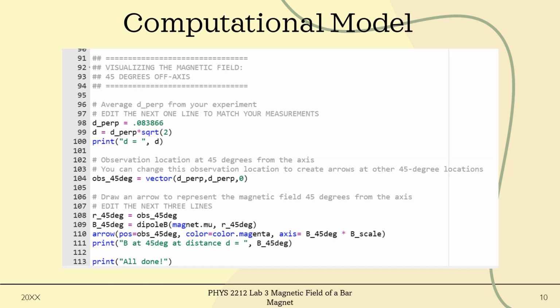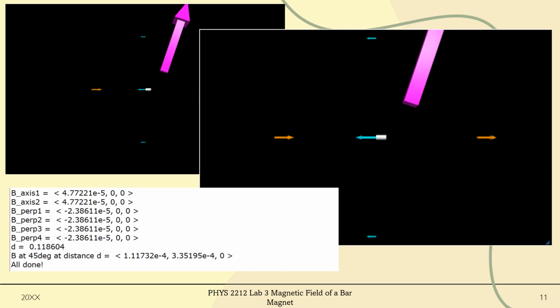Now, using our perpendicular distance from our experiment, we input that and we were able to find the 45 degrees off-axis magnetic field arrow, and then we calculated the magnetic field for that with the same function. These are our results for the computational model, and this is an image kind of showing what it would look like or what it should look like.